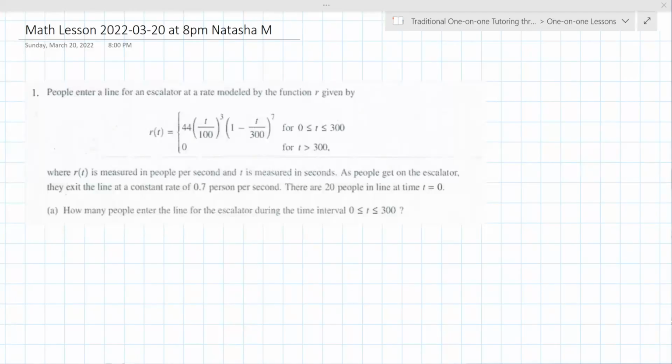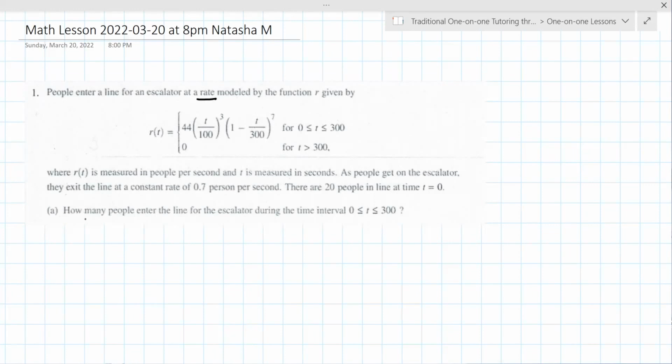Okay, so it says people enter a line for an escalator at a rate modeled by this function here. And it's a piecewise function. From 0 to 300, it's this thing, and after 300, it's 0. So this is a rate. This is really important. It's a rate, okay?